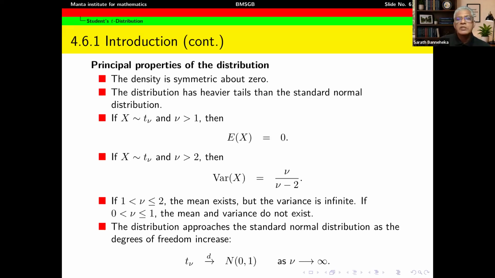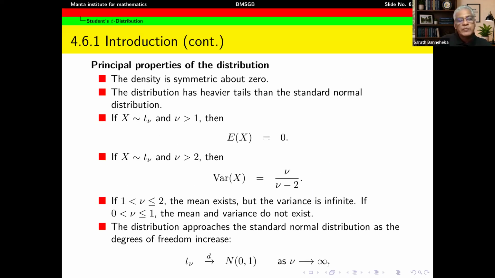As I mentioned, generally the t distribution has heavier tails than the standard normal, but as the degrees of freedom increases, the corresponding t distribution converges in distribution to a standard normal distribution. So T nu converges in distribution to a standard normal distribution as the degrees of freedom increases.